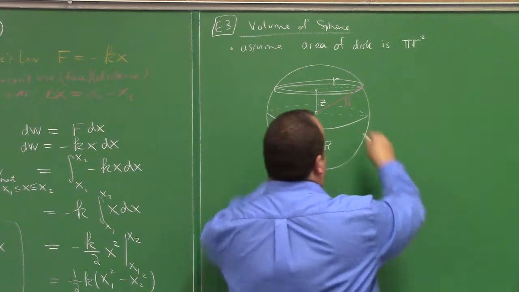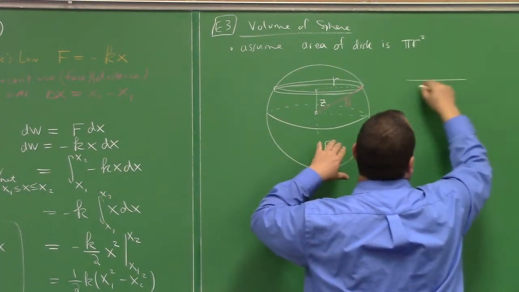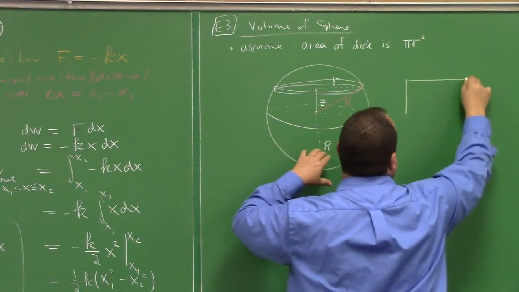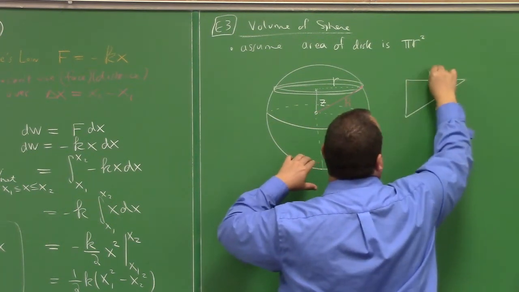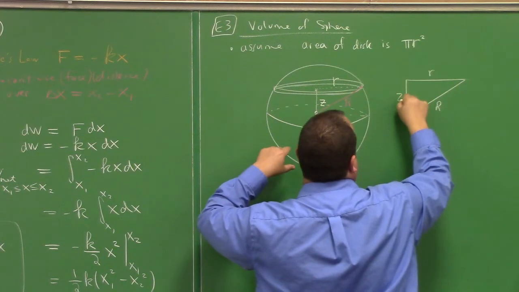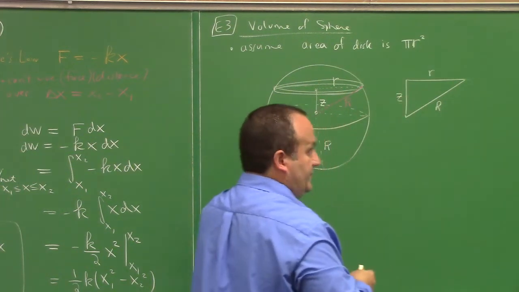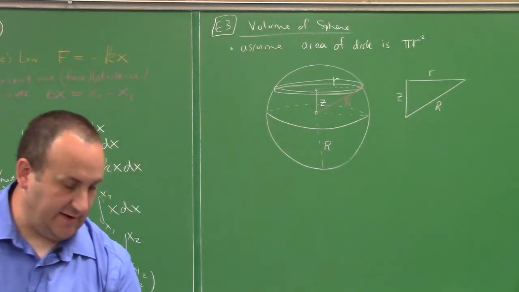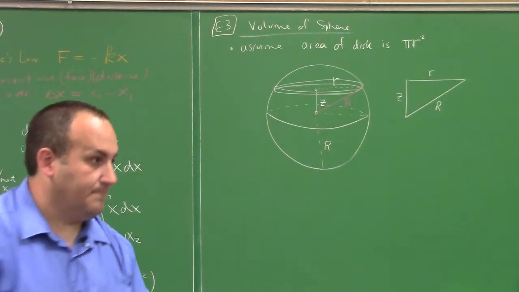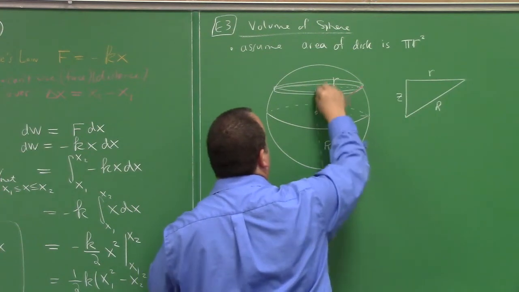So I can take this triangle and sort of blow it up over here. So this is big R, this is the radius of the disk, this is z. I'm just expanding, if you will, the triangle that's in the sphere. This right here.